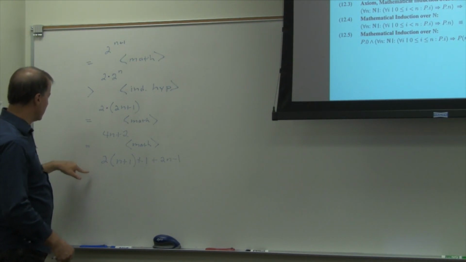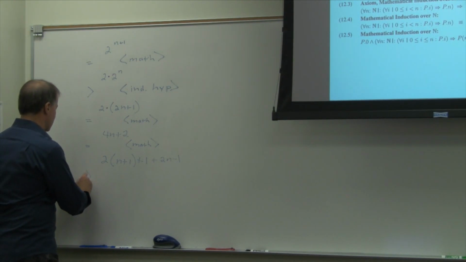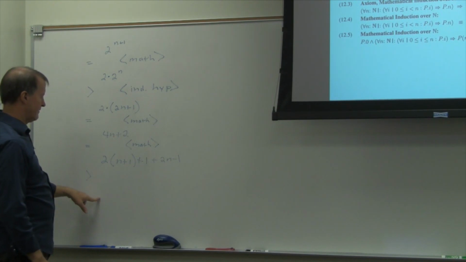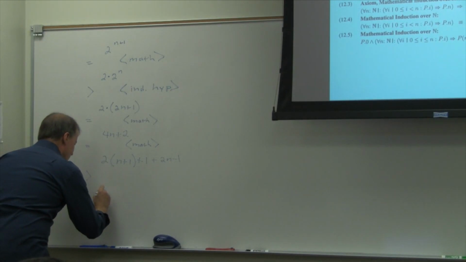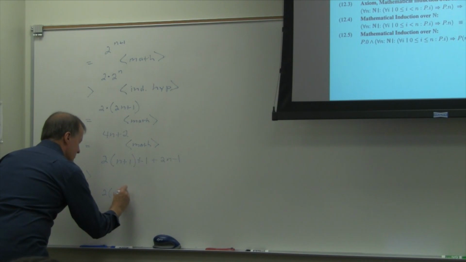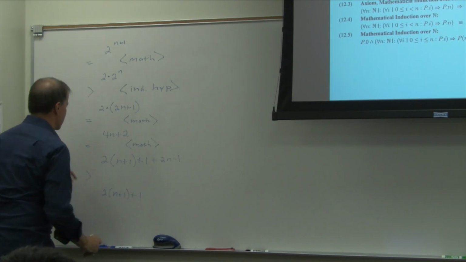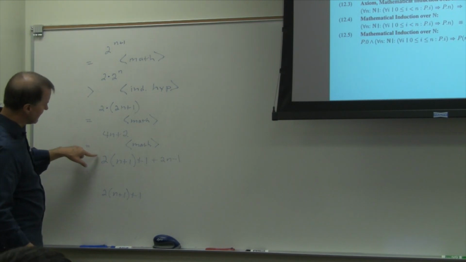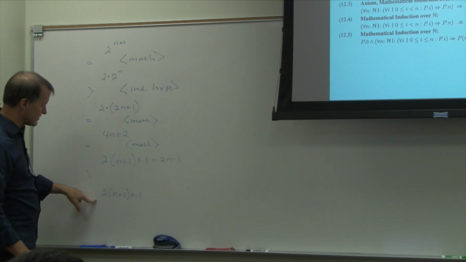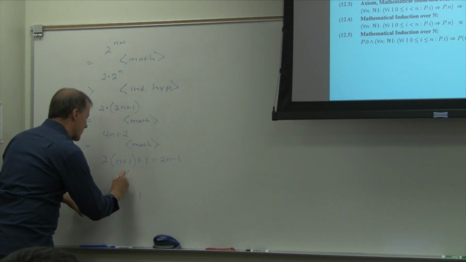If I have something greater, if I do another greater than, 2 times n plus 1 plus 1. But is that true? We are claiming that this is greater than this. But why is that greater?